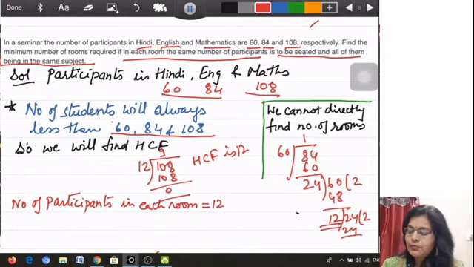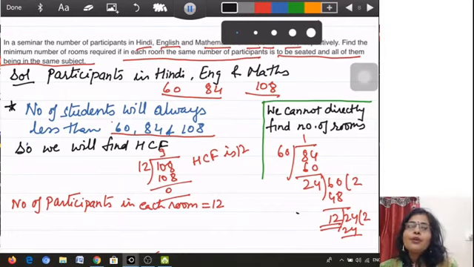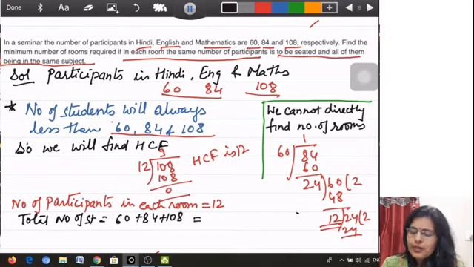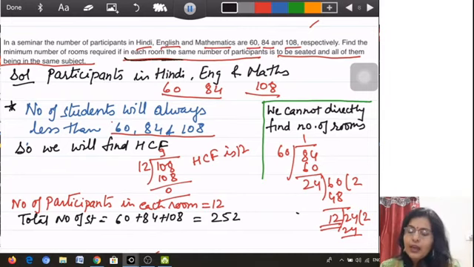Now what is the total number of students? The total number of students is equal to 60 plus 84 plus 108. If you calculate, it becomes 252. Now we will look into what is being asked in the question. It is asked for the number of rooms.